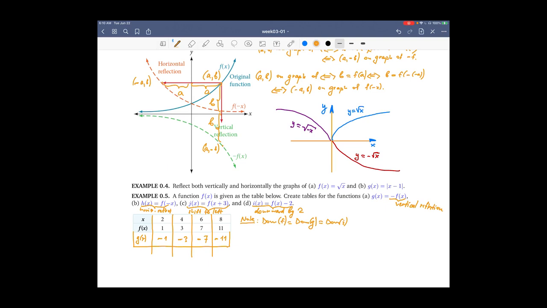Now for the function i, I simply subtract 2 from each value of f. One minus 2 is negative 1, 3 minus 2 is 1, 7 minus 2 is 5, and 11 minus 2 is 9.